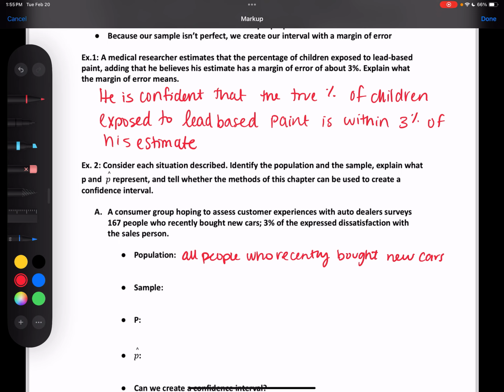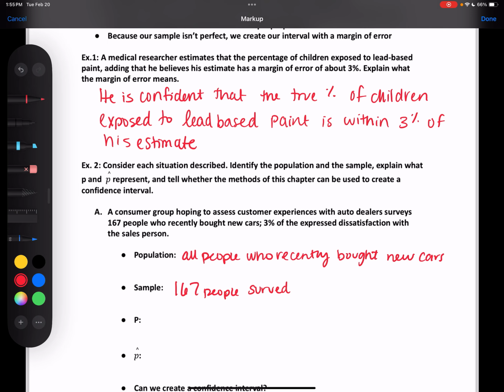What would my sample be? The 167 people surveyed. Your sample should always be the smaller amount of people. Your population is as a whole what was being surveyed on a smaller scale.